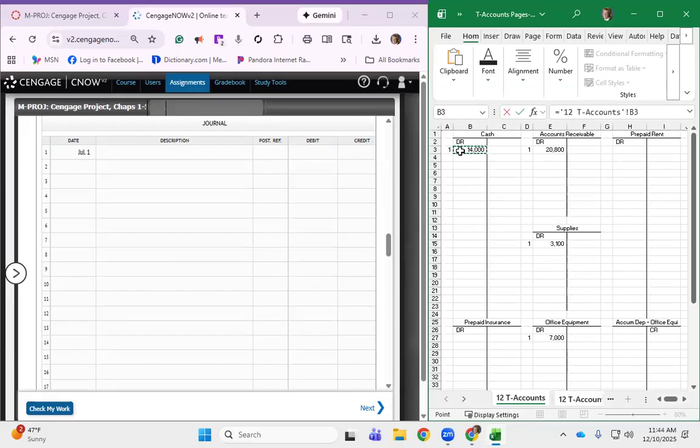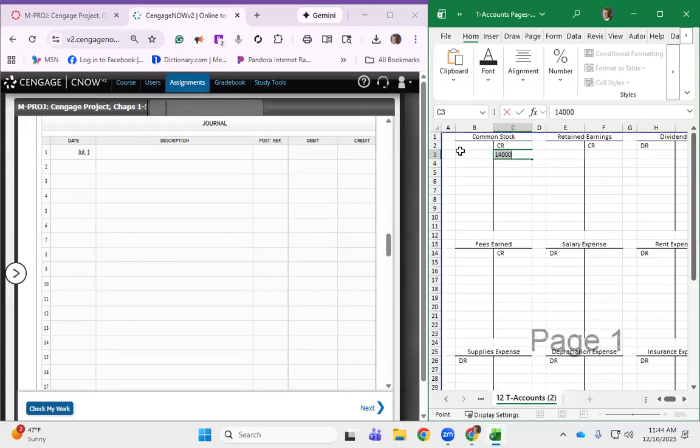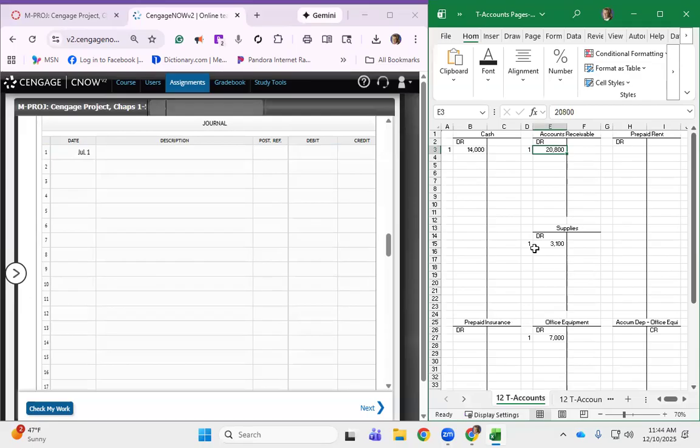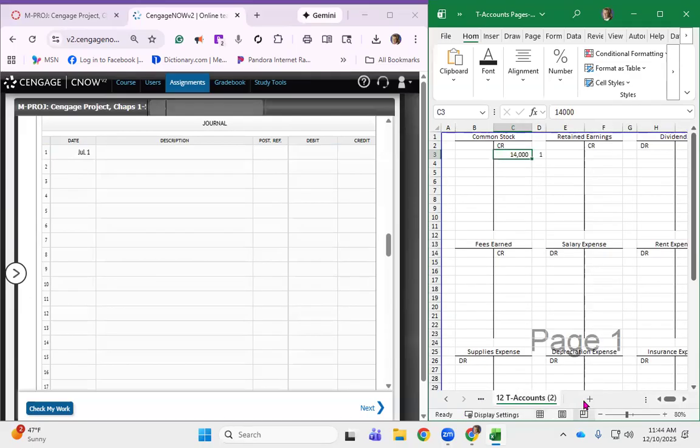And then we're going to add. All right, I'll just add it up on this side for right now. For whatever reason, things aren't working the way I want. So equals 14,000 plus, that's the cash, accounts receivable, 20,800 plus 3,100 plus 7,000.